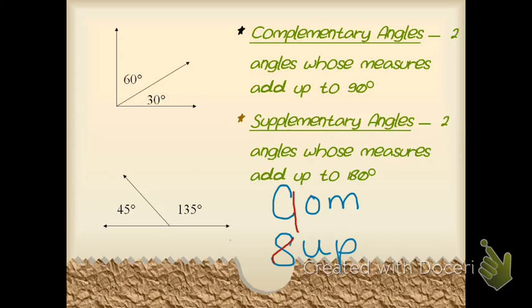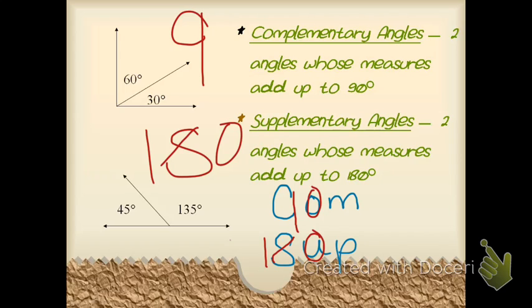If I do this, now I have 180. That's my trick to help remember that. So if it's complementary, you have your C, you make it a 9. If it's supplementary, you have your S, and you make it an 8 for 180. That's my trick.